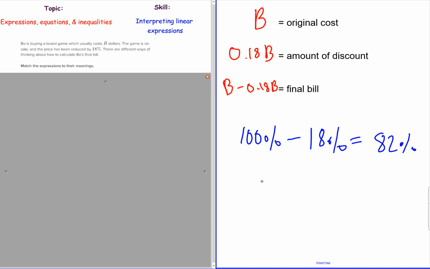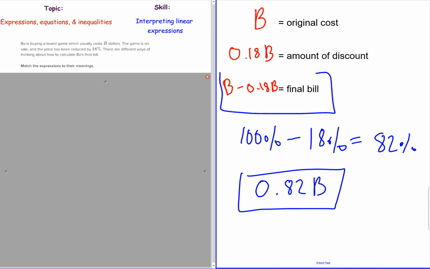So 82% of his final bill would be the decimal 0.82 times B. And if you think about it, this and that are equal to each other. 1B minus 0.18B is equal to 0.82 times B. So just something I wanted to talk about before we looked at the different answer choices.